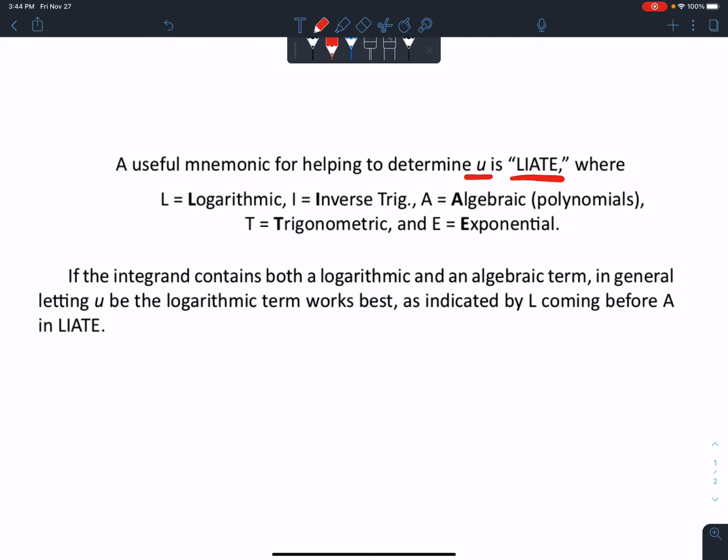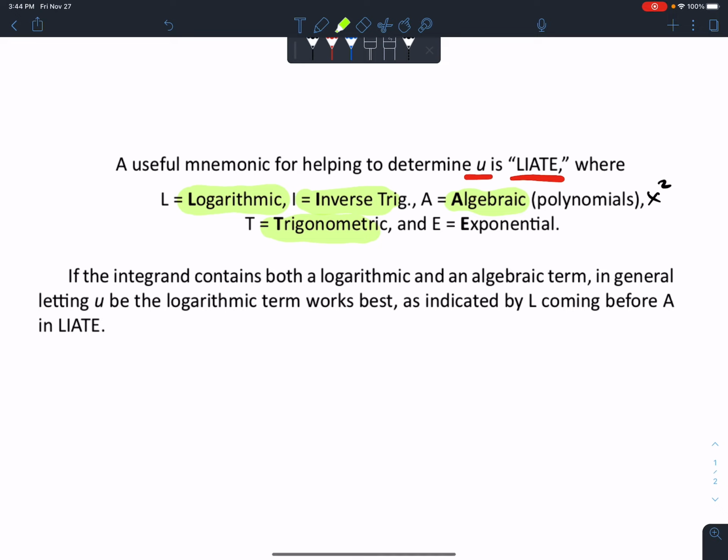And so the L stands for logarithmic, okay? So if you see a logarithm, that's definitely a good thing to pick for u, okay? I stands for inverse trig. A stands for algebraic, meaning like x squared or whatever.